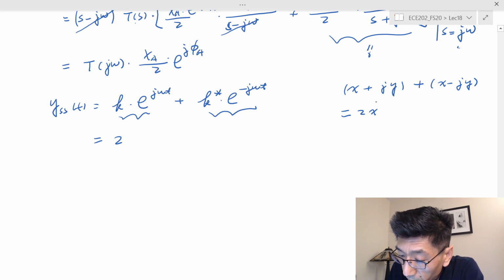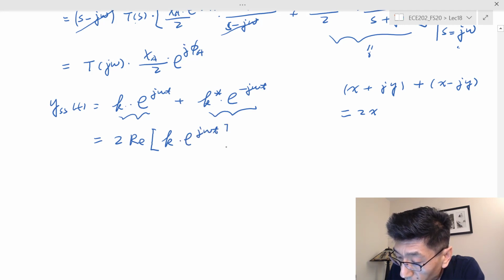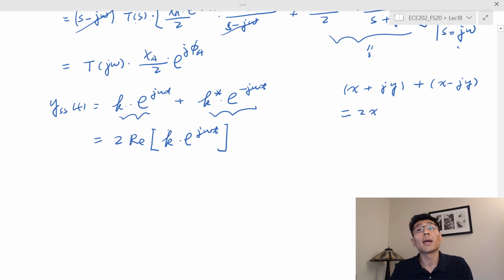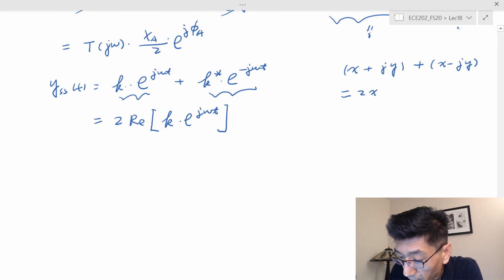Right, so we're going to apply that. In this case, that's going to be equal to 2 times the real part of the complex number, which is k times e^(j omega t). The real part of the first term is the same as the real part of the second term, and that's what this conjugate is really about, right? So conjugates always have the same real parts. And what's inside is 2 times this k.